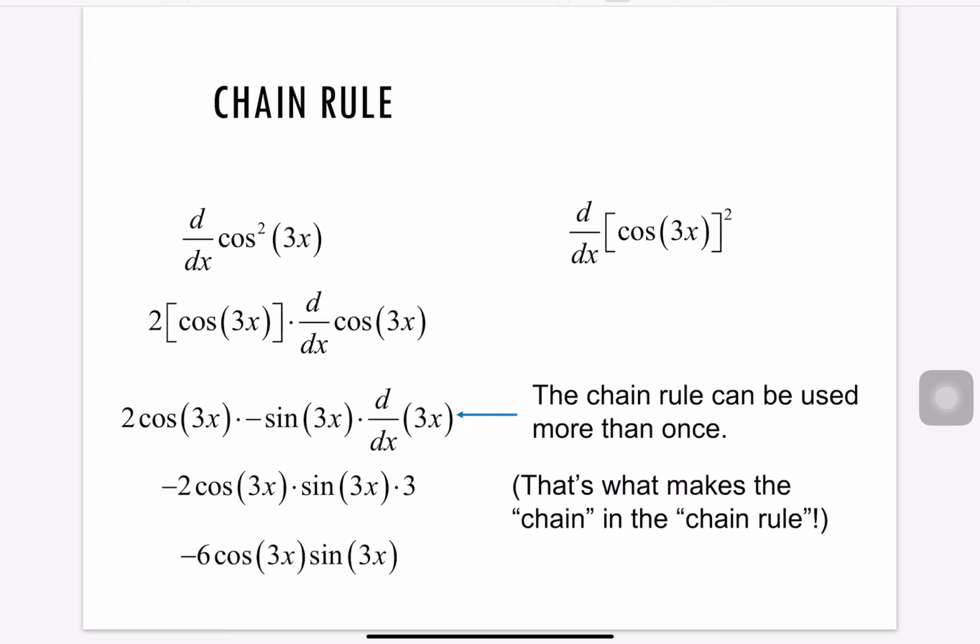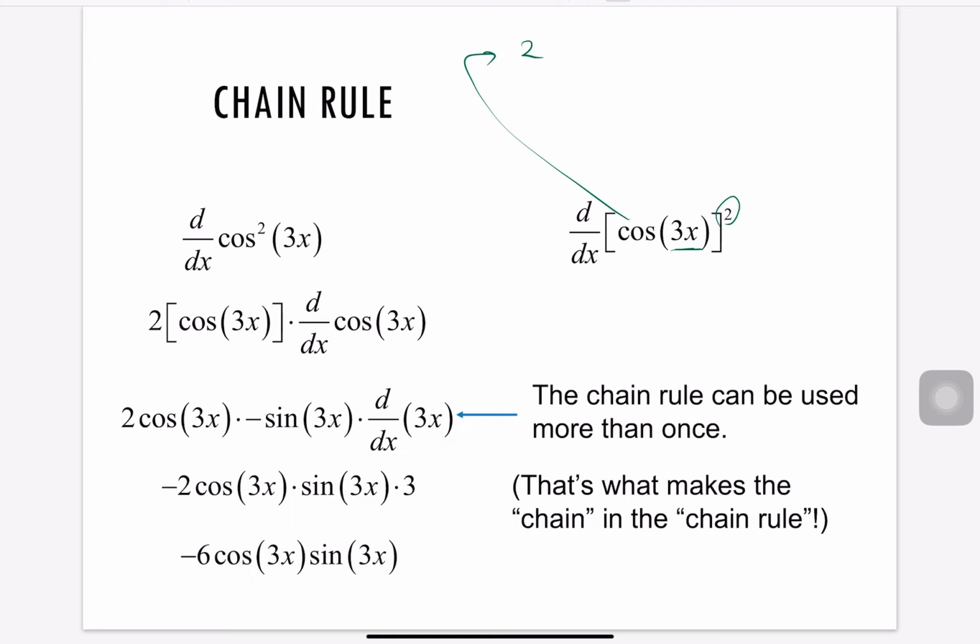Also, we have this function. I want to do this for you. Cosine 3x power 2. It is f(g(x)), and for g(x) it is 3x. First I find the derivative of this: the number 2 comes behind.